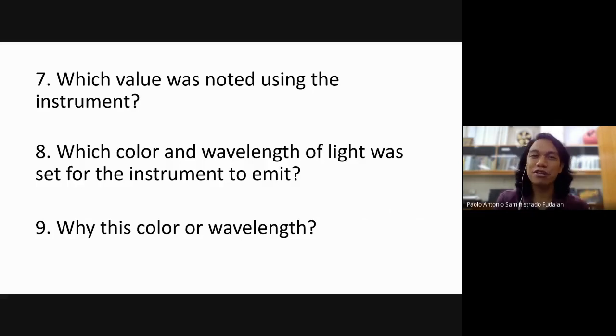Remember, we are measuring, as you mentioned a while ago, absorbance. Sige. What if I use blue? How will it affect my reading?